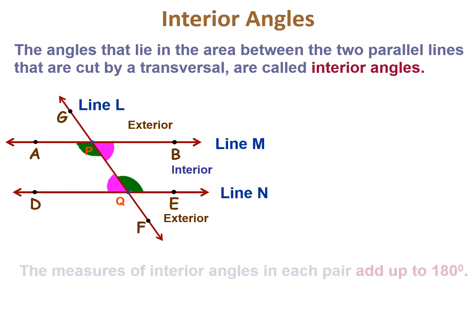For example, if angle BPQ measures 60 degrees, then the measure of PQE is 120 degrees, because their sum should be 180, or supplementary.